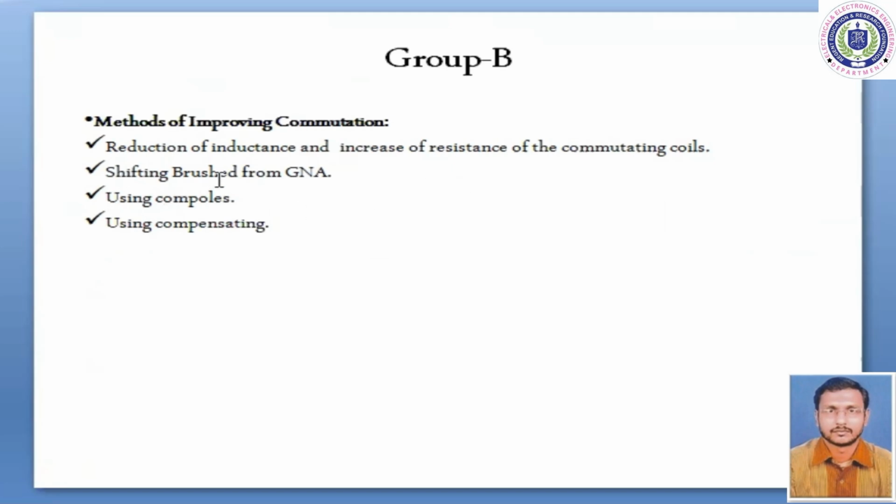If we shift the brushes from the geometric neutral axis, then also commutation will be improved. And the most important thing is that by using compoles or interpoles, we can improve the commutation.